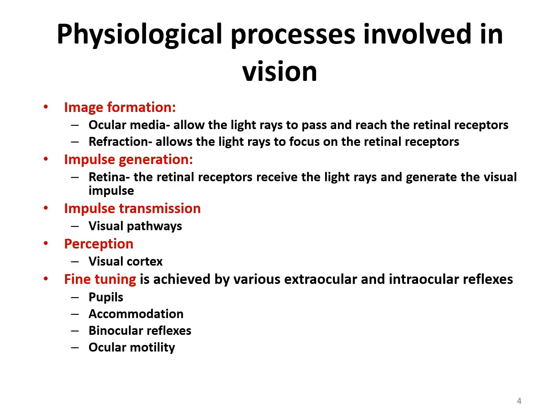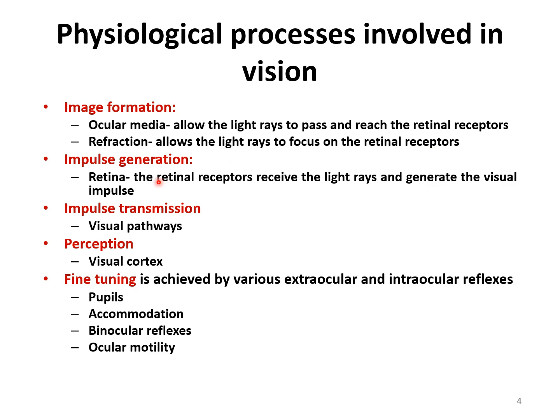The physiological processes involved in vision are image formation, impulse generation, impulse transmission, perception, and fine-tuning. The image formation is facilitated by the passage of light rays through the ocular media and refraction that allows the light rays to focus on the retinal receptors.